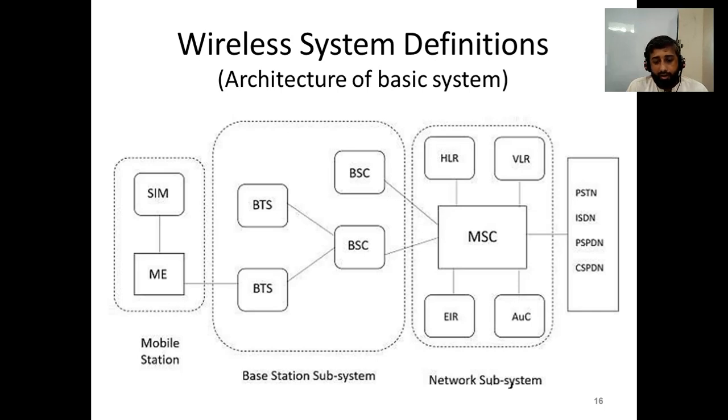So this is the architecture of a basic wireless system. On the left side, you can see the first box is a mobile station, which comprises a mobile equipment and a SIM.